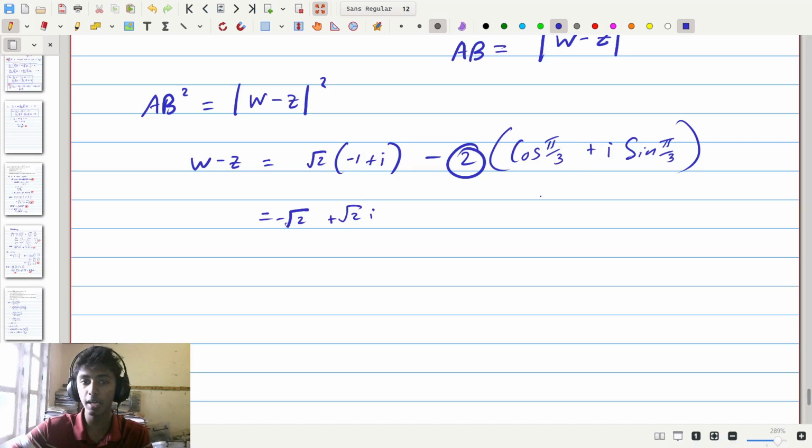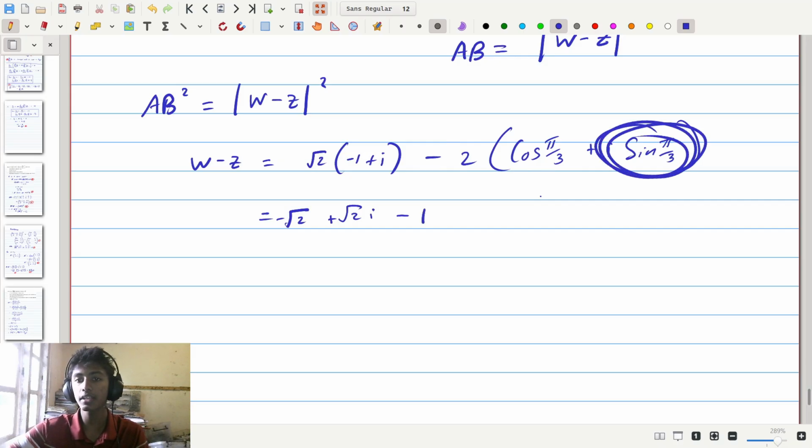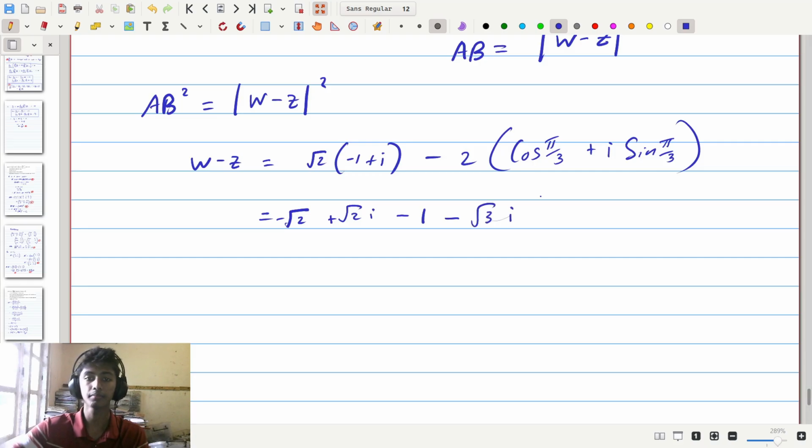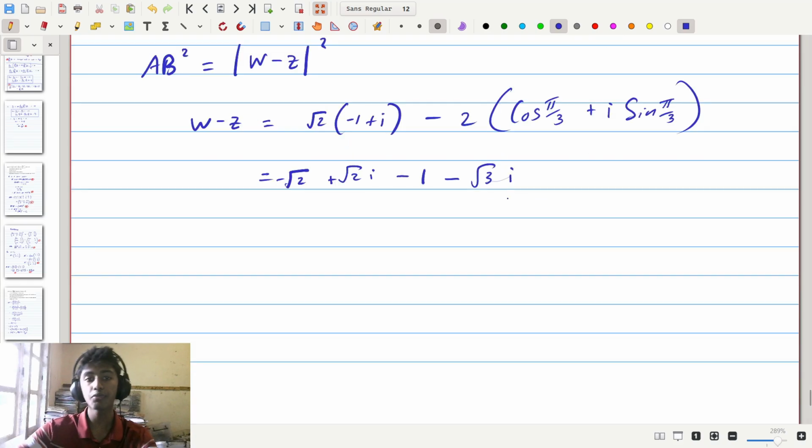So we have half times 2, so minus 1, and then this bit right here, which is going to be sine of pi by 3, square root of 3 over 2. So the square root of 3 over 2 times 2, which is going to be minus square root of 3 i. So this is our value. If we simplify down the real parts and imaginary parts separately, we can see we get minus 1 plus, actually we'll do it like this.